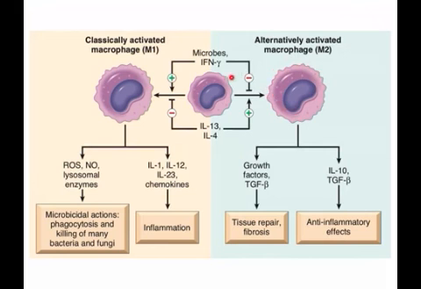So when an activated macrophage releases interferons, this activation leads to activation of inflammation. It leads to release of ROS, nitric oxide, lysosomal enzymes, which would ultimately lead to phagocytosis of many bacteria and fungi.